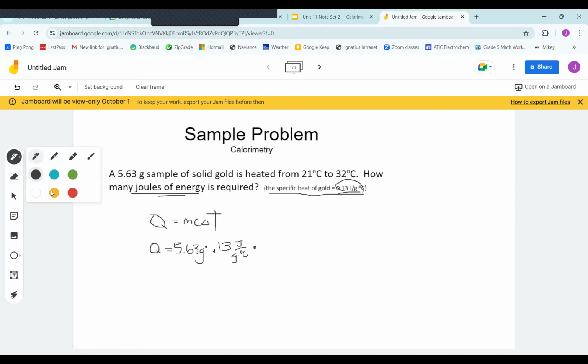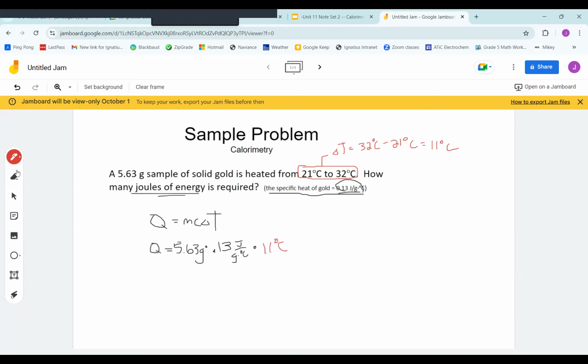Now, you can do this a couple of ways. You could plug in the equation final temp minus initial temp, but I actually find it helpful to do a side calculation. I'm going to do the delta T calculation up here. 32 minus 21 equals 11 degrees Celsius.